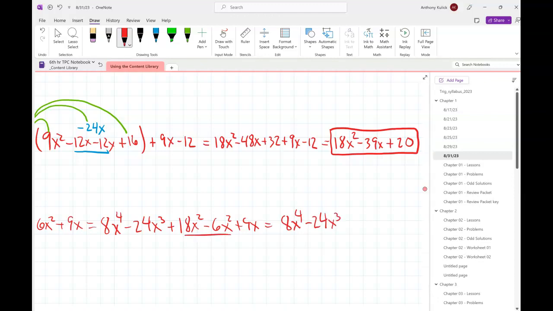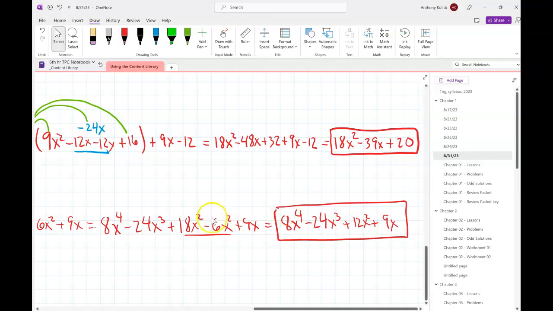And then these are like terms. So that ought to be my answer. So far, so good?